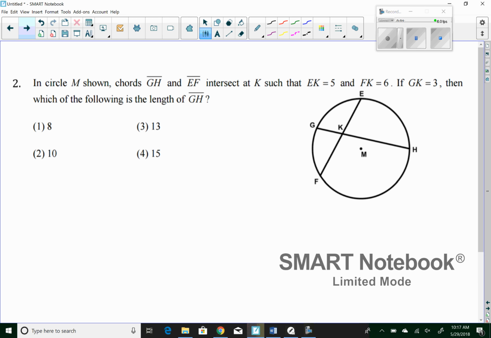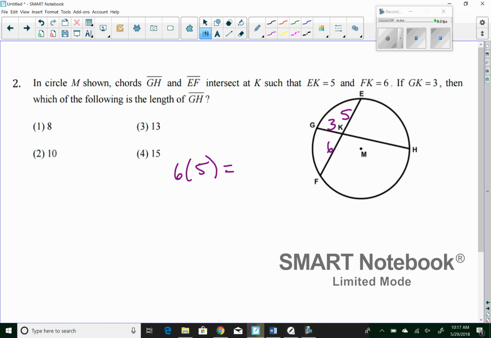For number 2, we also learned in the lesson that intersecting chords are proportional. If EK is 5 and FK is 6, those are parts we can multiply together. It says GK is 3, and asks which of the following is GH. Notice GH is the entire length.